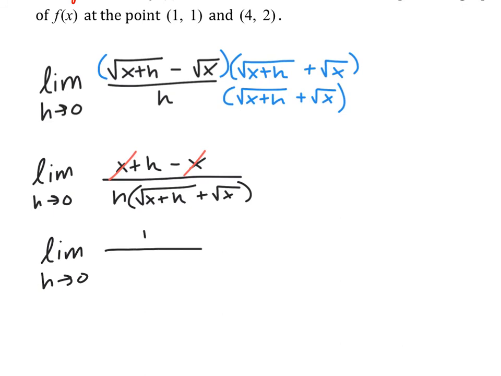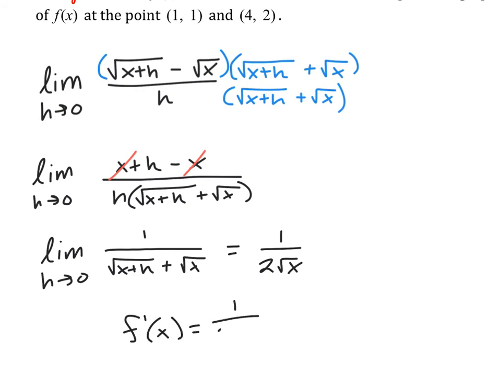So I'm left with 1 over square root of x plus h plus square root of x. So if I do direct substitution, I have 1 over square root of x plus square root of x, which is 1 over 2 times the square root of x. So f prime of x is 1 over 2 times the square root of x. So this is our derivative.